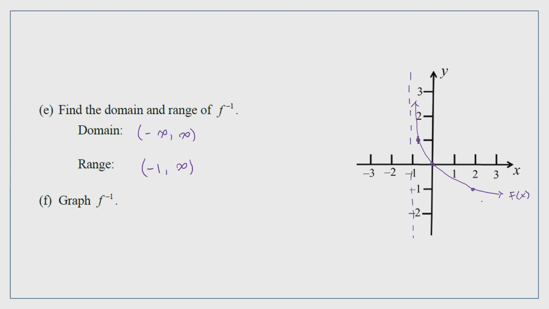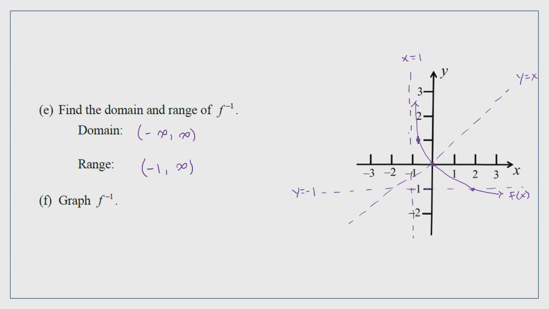Now we want the inverse function of f, and that's going to be reflected over this line, y equals x. So now we are going to be approaching the line y equals negative 1.